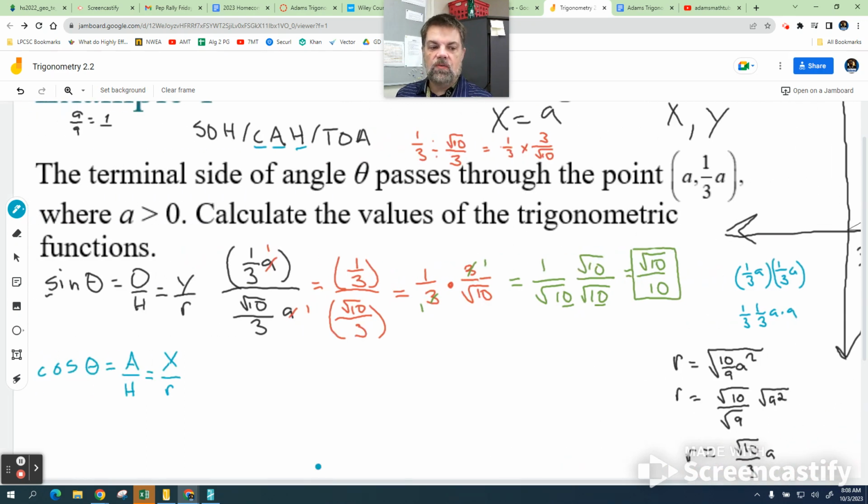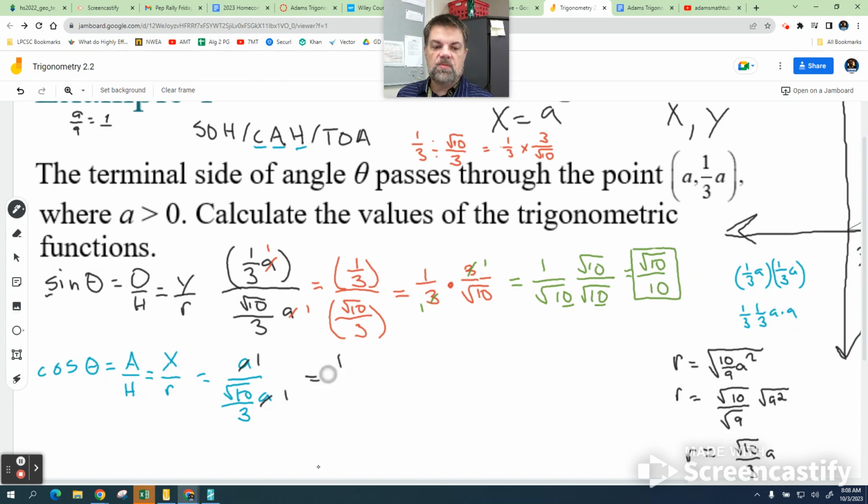So now, what is my x value? Well, just a divided by the radius. Well, what's the radius? The square root of 10 all over 3 times a. The nice thing about this, sort of, is that a divided by a is just 1.